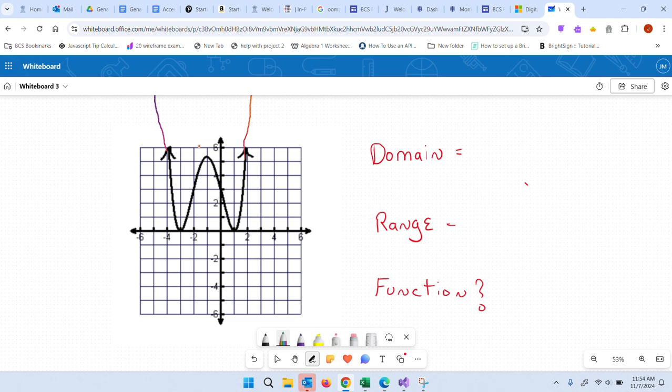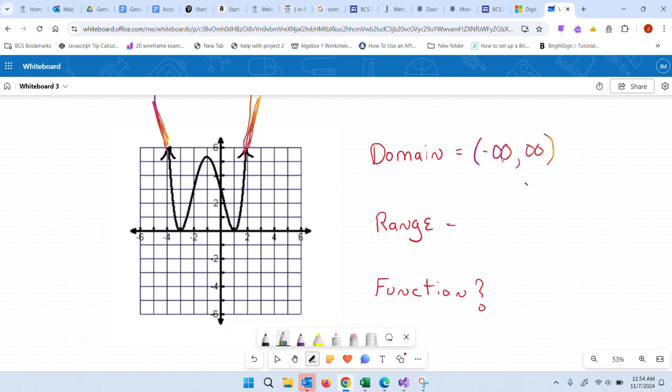So the domain on this one is going to be something you've seen before. It goes from -infinity to +infinity, because this just keeps going up to the left and it just keeps going up to the right.